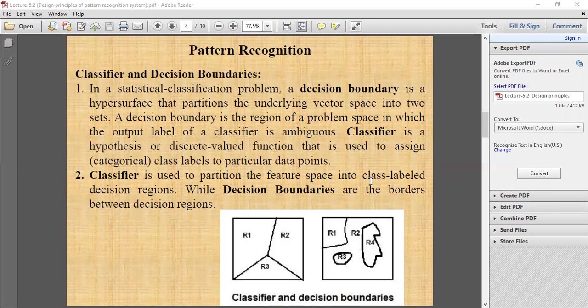A classifier is a hypothesis or discrete valued function that is used to assign categorical class labels to particular data points. A classifier is used to partition the feature space into class labeled decision regions, while decision boundaries are the borders between decision regions.